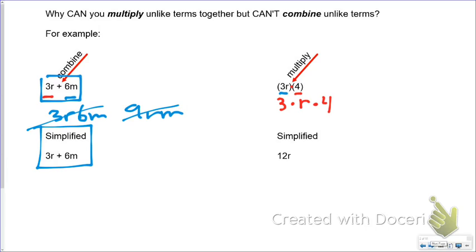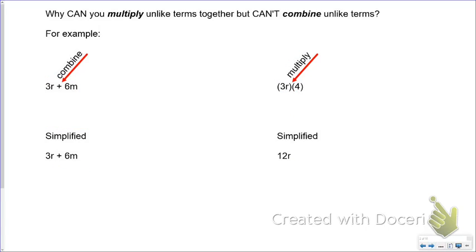And the commutative property states that I can multiply in any order I want. So I don't know what r is, but that doesn't matter because I'm still just multiplying it by 4 and 3. I can multiply 4 and 3 together to get 12. And then I write r next to it, and that literally means 12 times r. This is why this works. We can multiply unlike terms all we want, and that's important to understand for distribution.